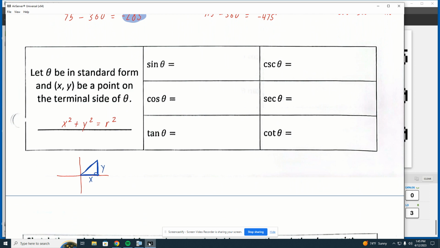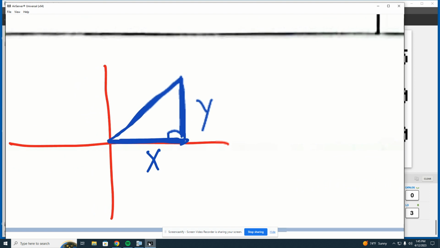So if I am always finding theta, which is created at my origin, then x right here will always be my adjacent leg. Y will always be my opposite leg.